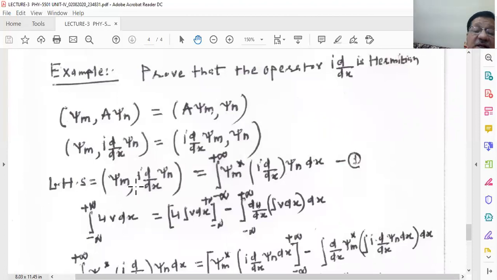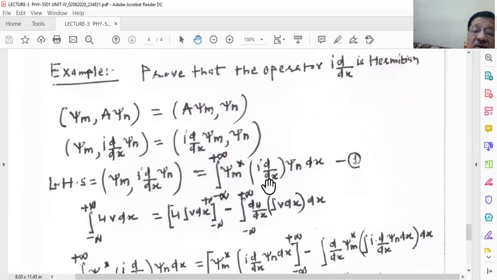When you write the integral form, by the definition of a scalar product, you have to take the complex conjugate of psi m. So I write down psi m star, and this is the entire unit. I am writing i d by dx in parentheses to show you that this is an operator, and then psi n dx. You see this is dx.